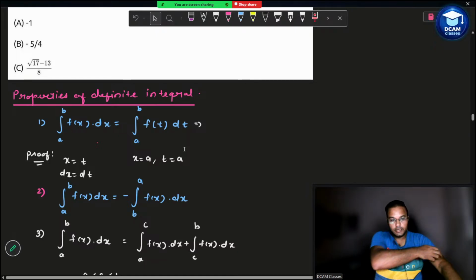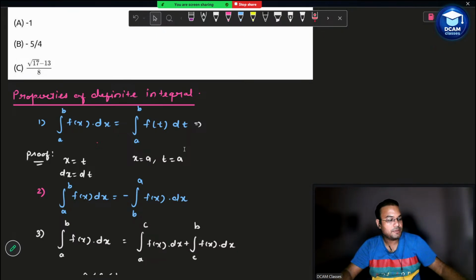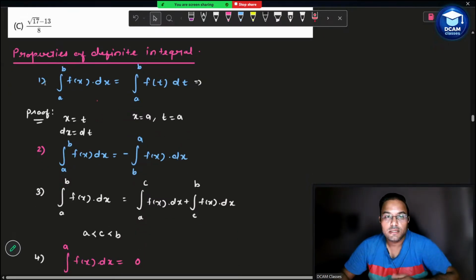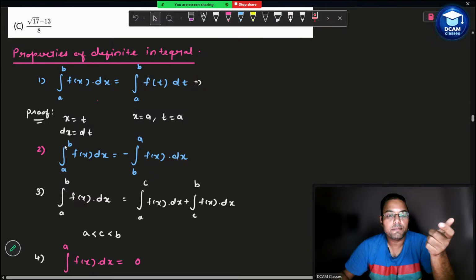So let me give you the recap, otherwise you may miss some of the properties. This is the first property, the property of the dummy variable. Means in place of x, in the integral a to b f of x dx, you can replace x with t. And the second property is that if you interchange the lower limit and the upper limit, the negative sign gets introduced.